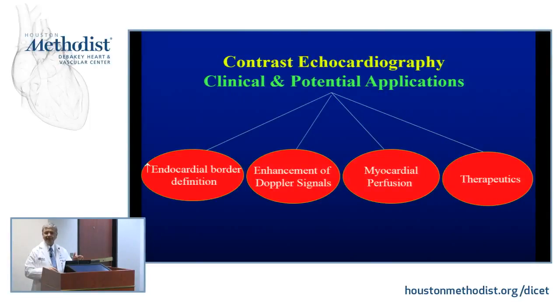We use it also at times for enhancement of Doppler signals, and Dr. Little is not here, but I know he's done some investigation that contrast will increase those. You may enhance it a little beyond what the velocity actually is, and it could be half a meter, which can increase the gradient significantly. So you have to be very careful.